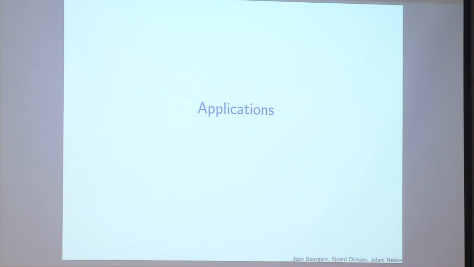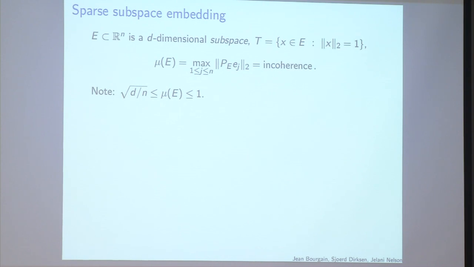Okay, so let's look at what kind of results you can pull out of this. So let's look at the case that E is a d-dimensional subspace and T is the intersection of this subspace with the unit sphere.